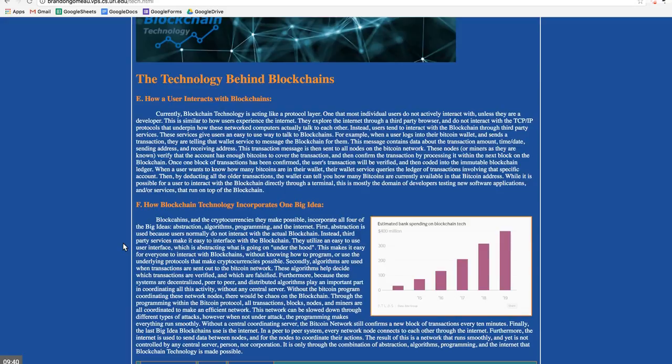Algorithms are used to coordinate the decentralized yet still efficient payment network, where nodes get transactions and the algorithms tell the network nodes how to coordinate the network activity, because there's no central server, program, person, or corporation. Programming makes everything possible. It's possible to have a decentralized peer-to-peer system of payment, and you really need all four of the big ideas for the technology to work and be created in the first place.